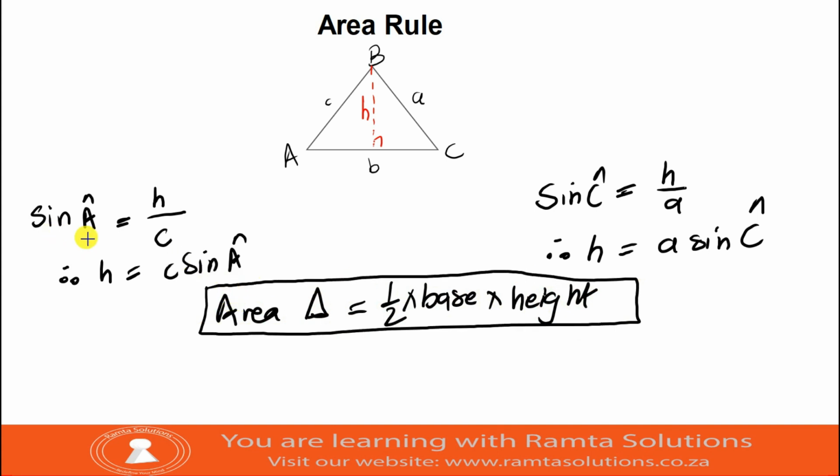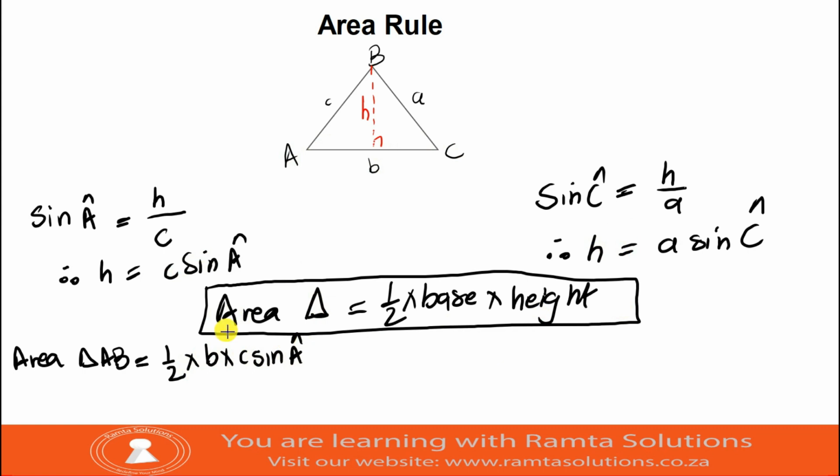So when we use sine A, the area of triangle ABC, the triangle we're working with here, will be equal to half. What is the base? The base, remember, is side AC, which is given as B. And what is the height? The height is given as C sine angle A.